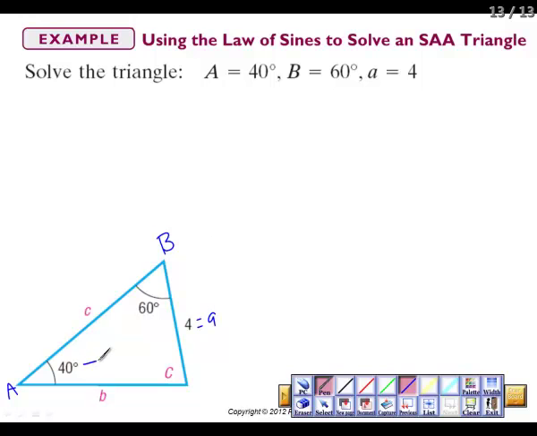Here we have an angle and a corresponding opposite side, so we can use the law of sines.